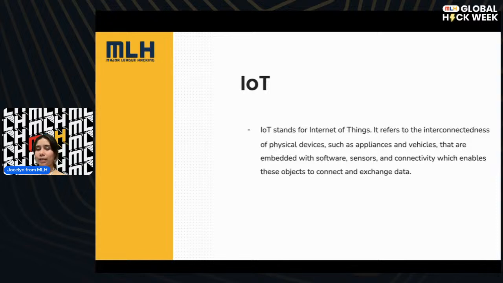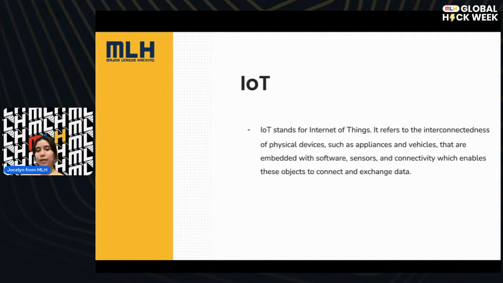So what it basically means is that you can interconnect different objects or different physical devices, that can be, I don't know, lights, a microwave, an Apple Watch, a TV. Almost everything that has a circuit on it can be interconnected into the Internet of Things. And these are just physical objects that we see on our daily basis.